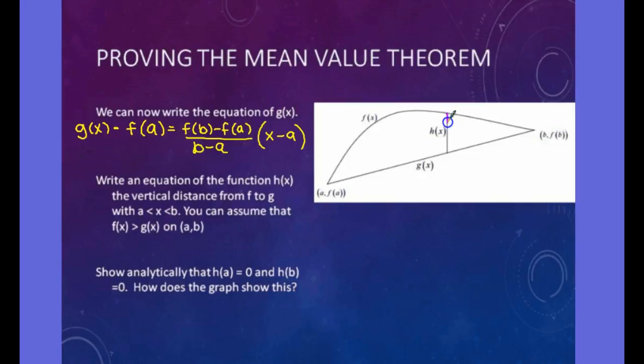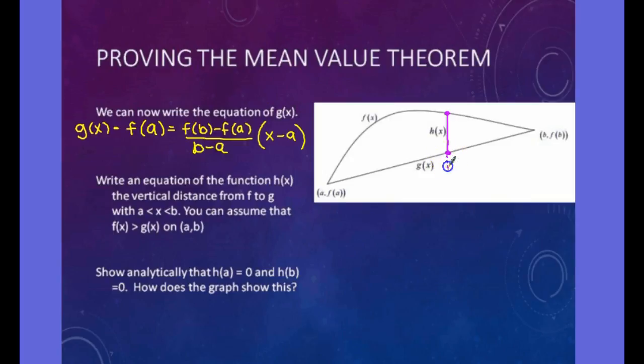So if you think about h of x, this right here would be f of, and we could call it C1, right? And this right here would be g of C1, because this C value would always be the same on the horizontal aspect.